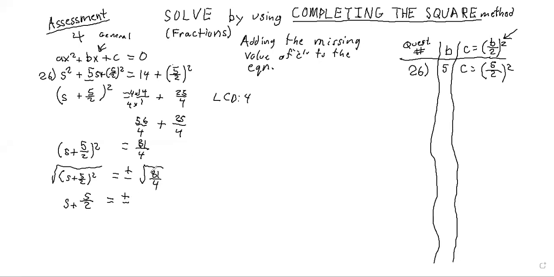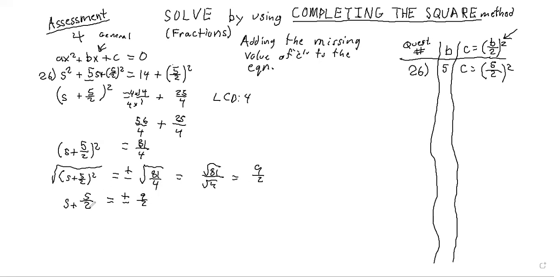Now the square root of a fraction can be simplified by separating it into the square root of the top and bottom. So we get the square root of 81 over the square root of 4, which just gives us 9 over 2. So it's plus or minus 9 over 2.